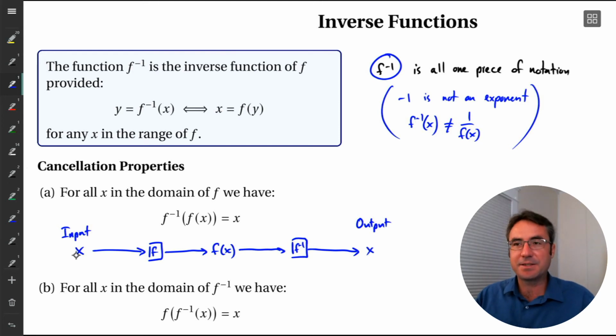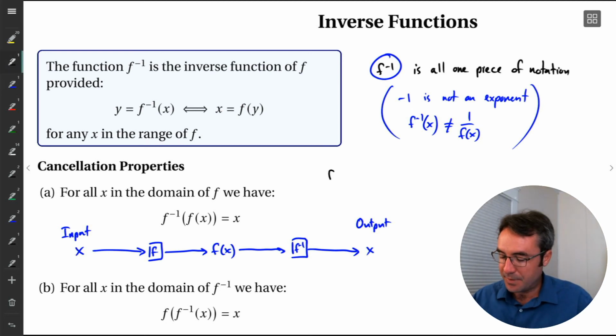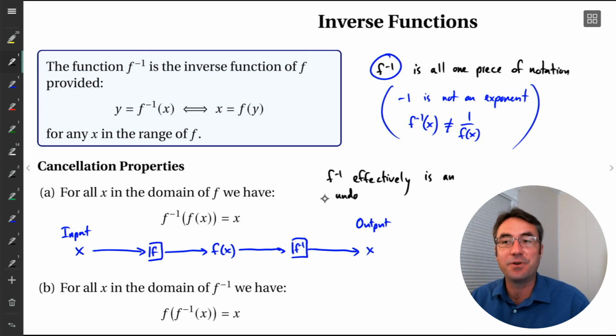So we started with x, plugged it into function f, took that result, plugged it into the inverse function of f, and we're back with our original input. Effectively, f inverse is an undo. You can think of it as an undo function. It undoes what function f did to your input.